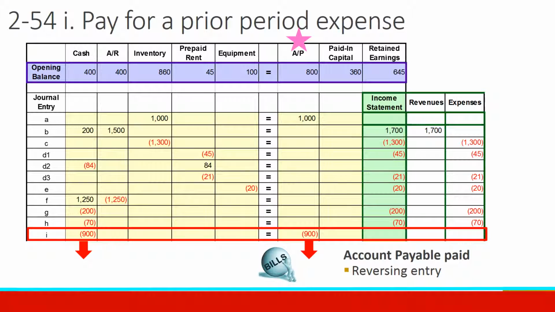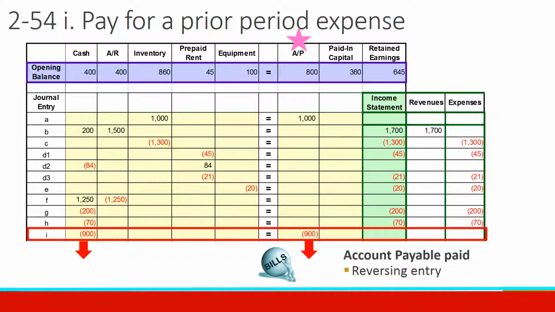Now in Requirement I, we're going to look at the firm paying some outstanding bills. So they're going to pay out $900,000, and the amount of their outstanding bills, the accounts payable, will drop by $900,000. So this is a kind of reversing entry. We're reducing the accounts payable when we do this.